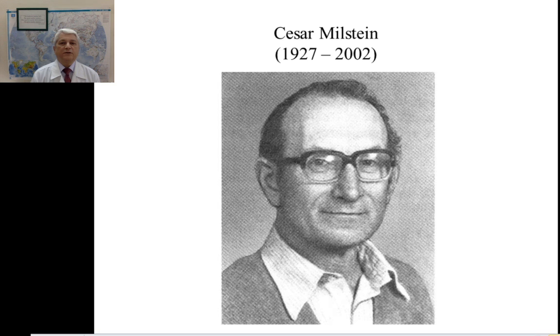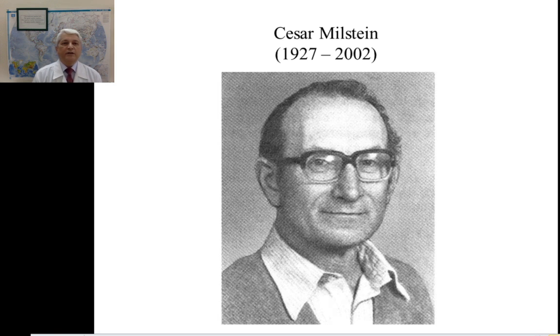He was born in Argentina, but also then moved to Great Britain, and they worked in one laboratory together with Köhler. So Milstein and Köhler were working together. This is a different situation if to compare with Edelman and Porter. Edelman and Porter worked in different laboratories, but studied the same immunoglobulin.